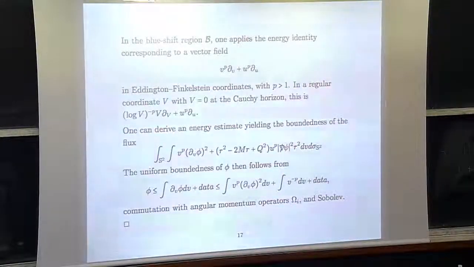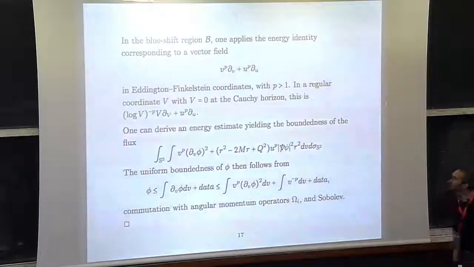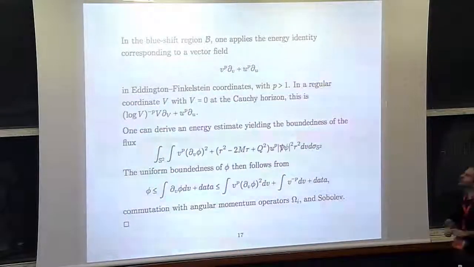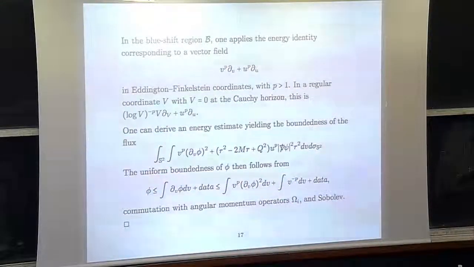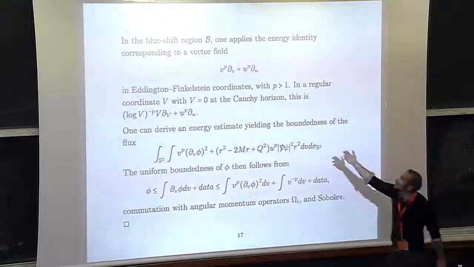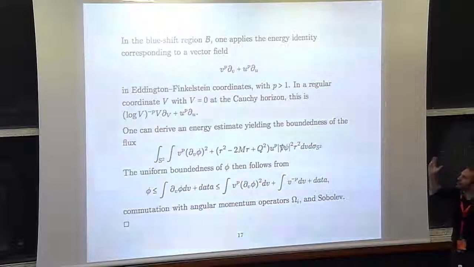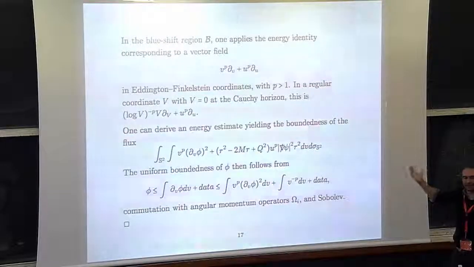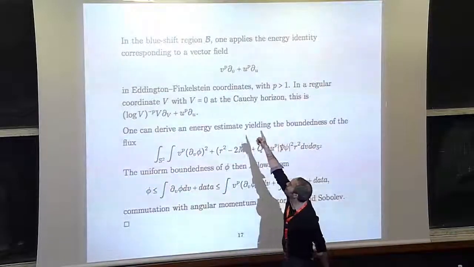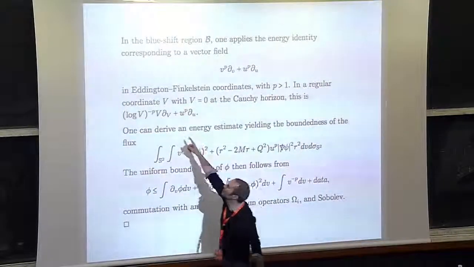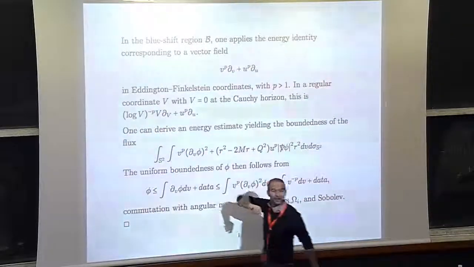So the interest is really in understanding the blueshift region, and I'll simplify the story quite a bit, but essentially it turns out that you can construct a vector field with funny weights in Eddington-Finkelstein coordinates. I say funny because these coordinates themselves are very funny if you think about what they mean locally. So this vector field of this form in the Eddington-Finkelstein coordinates looks like this in local coordinates. It's actually quite funny.